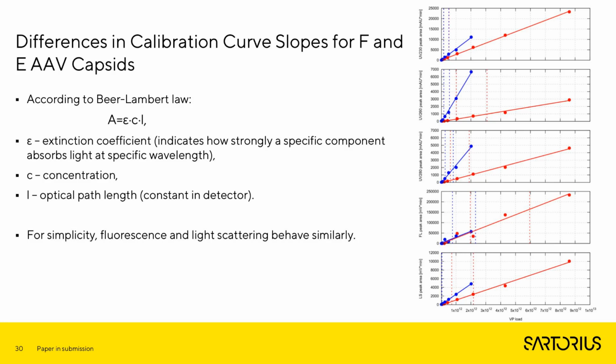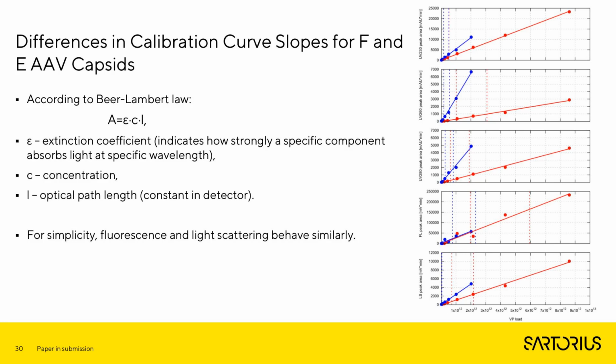Again, on the bottom calibration curve, for light scattering, full capsids display stronger light scattering compared to the empty AAV capsids.